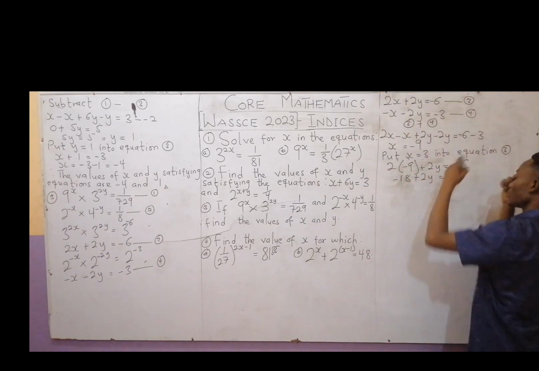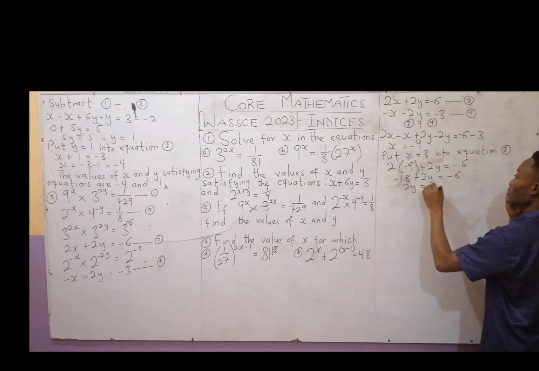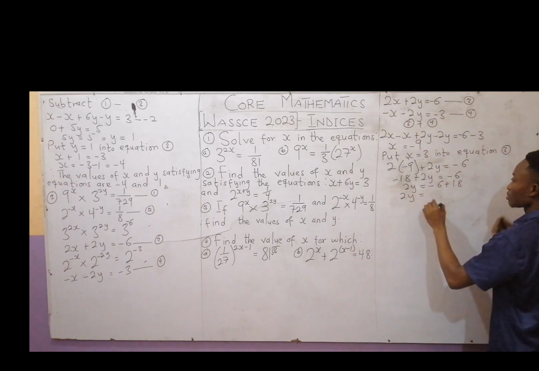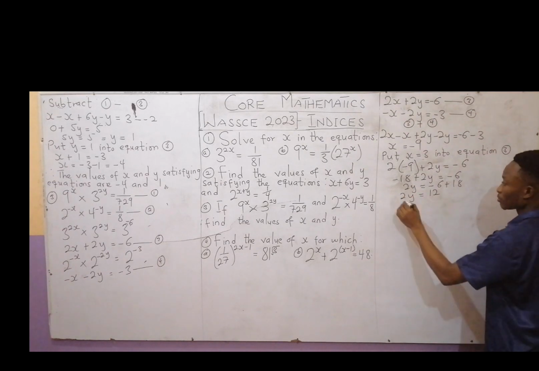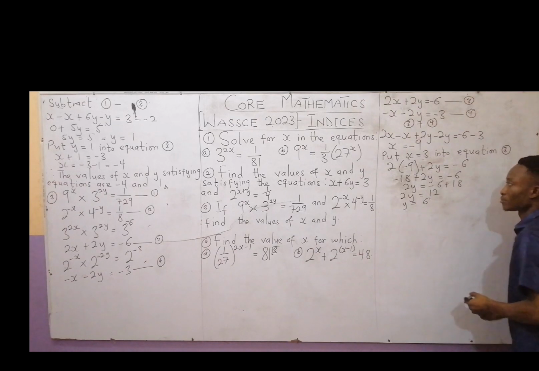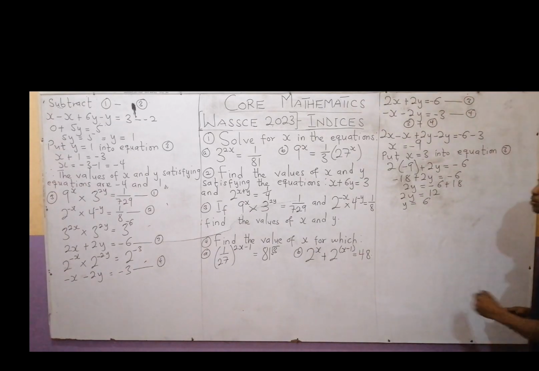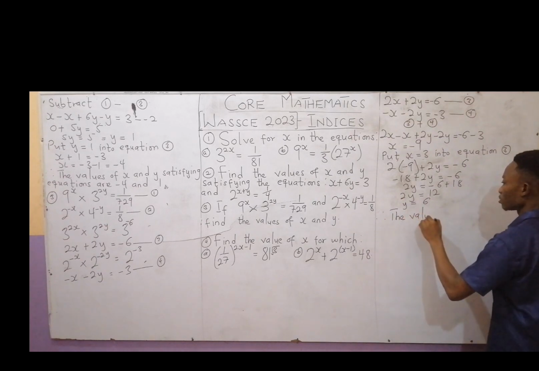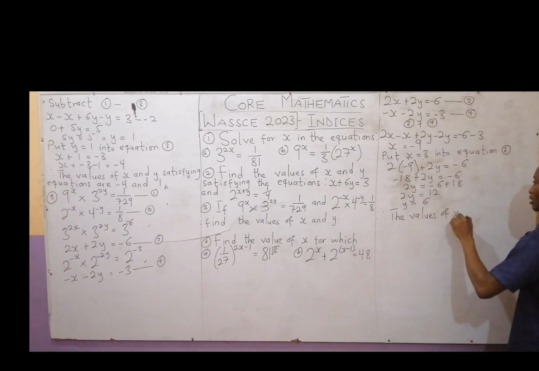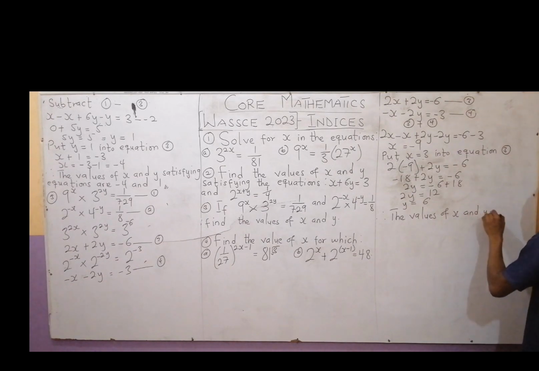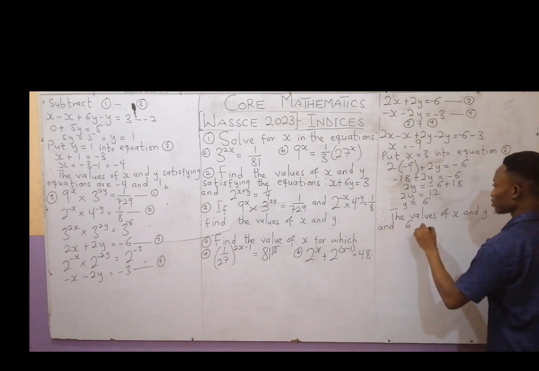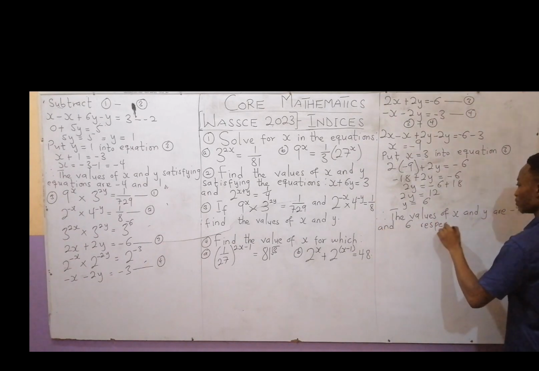This negative 18 goes there. So we have 2y is equal to negative 6 plus 18. Negative 6 plus 18 will give us 12. So y will give us 6. Yes, so the answer is 6. Therefore, the values of x and y are negative 9 and 6 respectively.